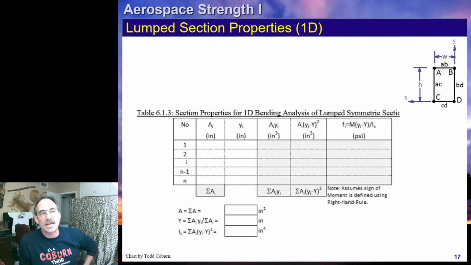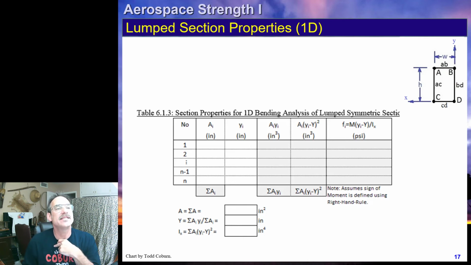If we have a lumped section, for example this one, then we can actually analyze this. Instead of putting in our widths and heights of the elements, we'll just put in the areas of the elements and the y positions of those elements. And that makes our table construction a little easier.